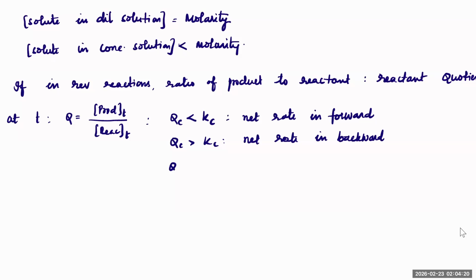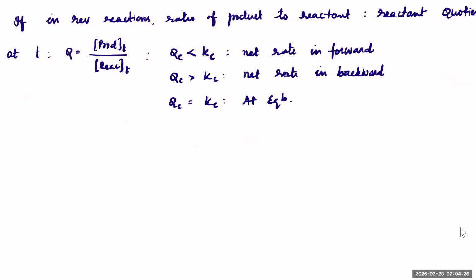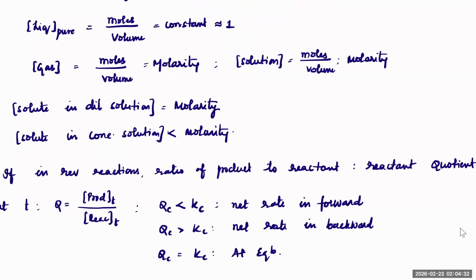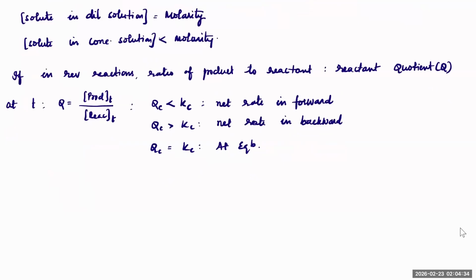And finally, when Qc becomes equal to Kc, it is at equilibrium. This is what we need to understand. Clear? As far as the equilibrium constant is concerned and how we relate it with the reaction quotient, this is what you need to know. Everybody clear on this point? Right.